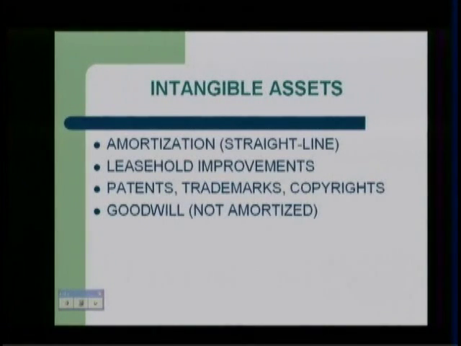We do the same thing with intangible assets that we do with tangible assets, in that we take the cost of that intangible asset and allocate it over its useful life as an expense. However, in this type of situation, where we have an intangible asset, we call it amortization rather than depreciation.